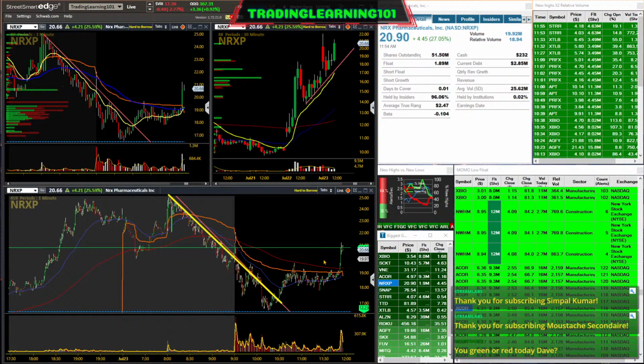And what I go off of usually is 50%, measured from the top down to the bottom. A 50% bounce at least is that green line right here. And look, it's right up to it.